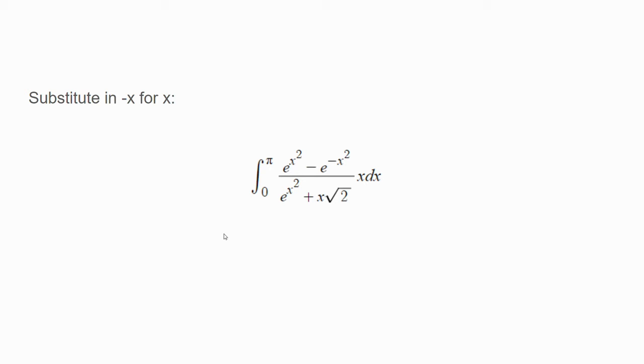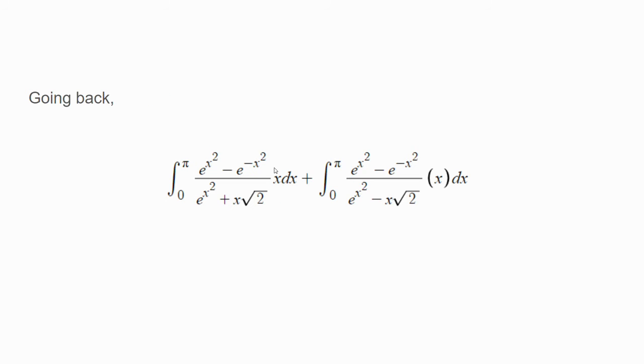However, that x near the dx and this x root 2 changes from negative to positive. And of course, the bounds of the integral have to change from negative pi to 0 to pi because we have flipped it. Great.